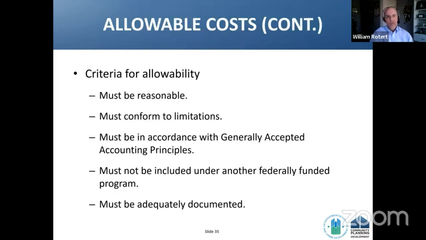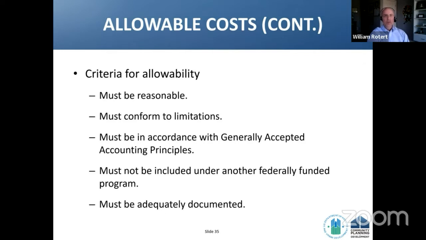So allowable costs. What are the criteria that OMB defines as a basis for your determining allowability? Well, first of all, the cost must be reasonable. Going back to what we said earlier, what a prudent person would do. Did you pay 5 times as much for a particular thing as one might normally expect?